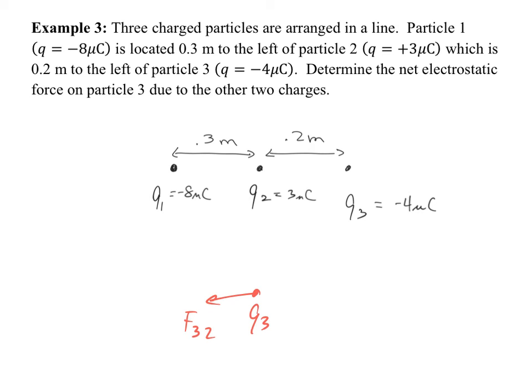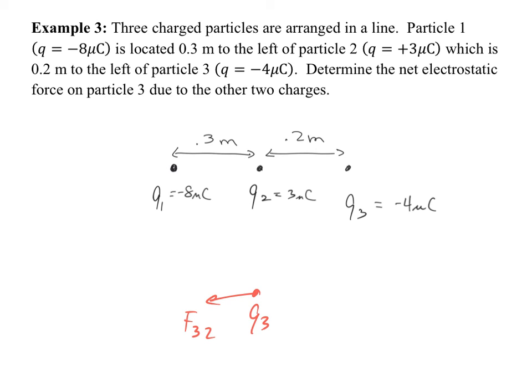I want to explain the subscripts. The pull is a force on particle 3 from particle 2. That's why it's F32. We're going to give subscripts here with numbers now instead of letters. It is an electric force, absolutely, but it's an electric force on particle 3 from particle 2.